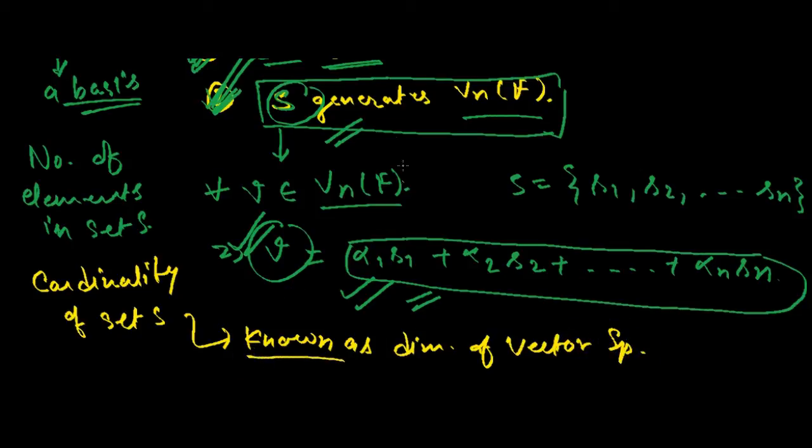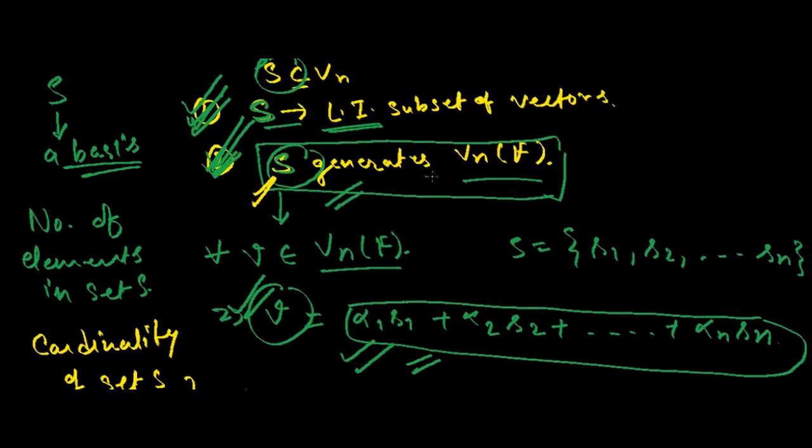So the number of elements present in the basis is the dimension of the vector space. That is why I was saying that if n is the dimension of the vector space, then S will automatically have n elements.